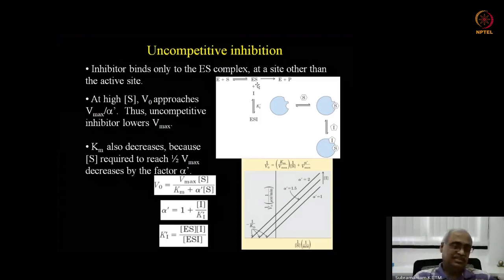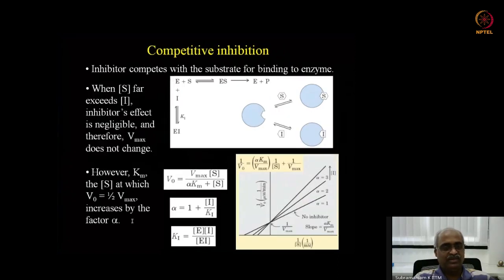So this is going to affect the rate at which this combination is going to happen, as well as it is also going to affect the Km. Okay. So at a high substrate concentration, V0 approaches Vmax by this factor. So this factor exists in the previous one also. I kind of ignored it.